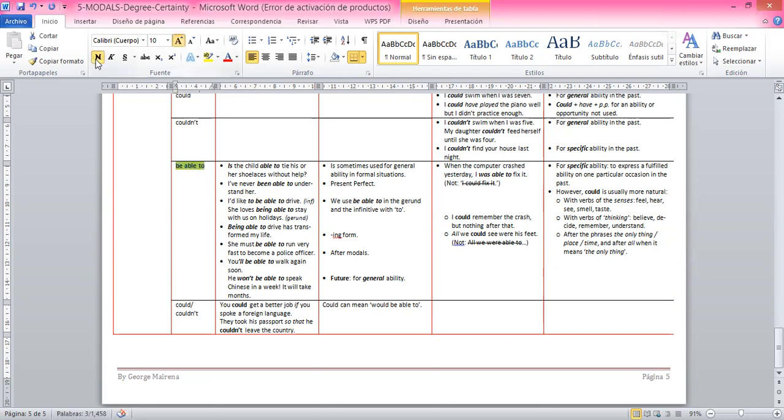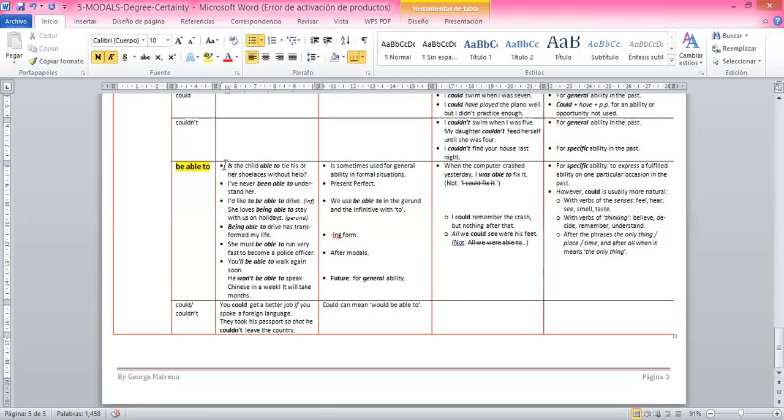Be able to has the same meaning as can, but this one can be used with future forms, with perfect tenses, even in the past. Why? Because, as you can appreciate there, we have the verb be, and you know the verb be has a total structure in the whole grammar tenses, right?